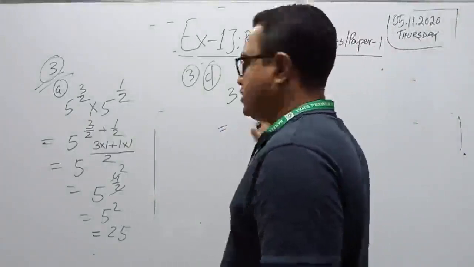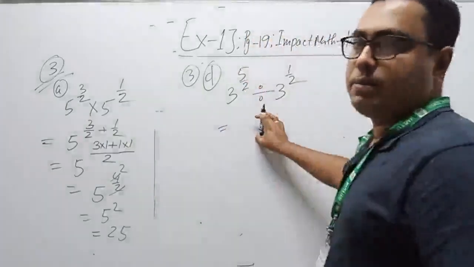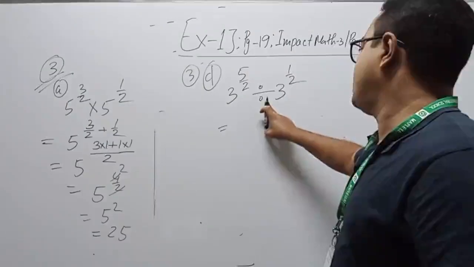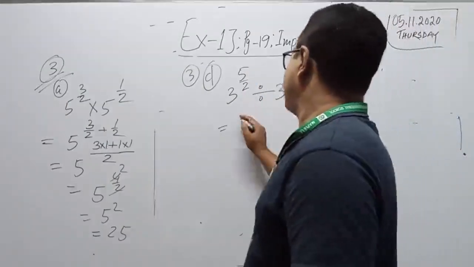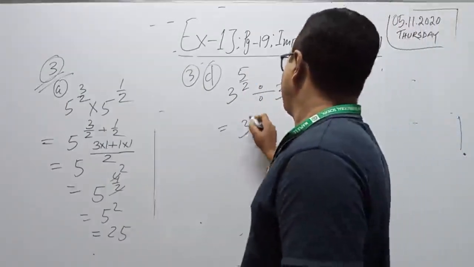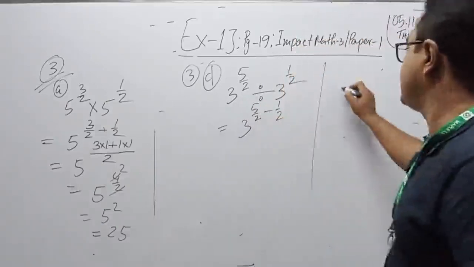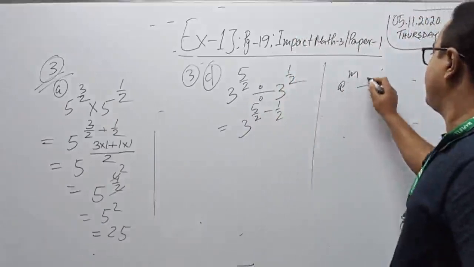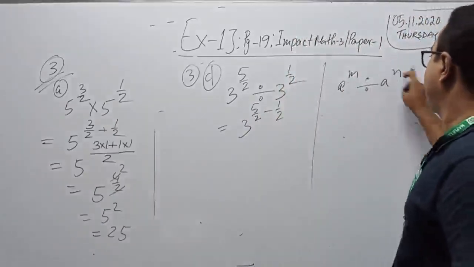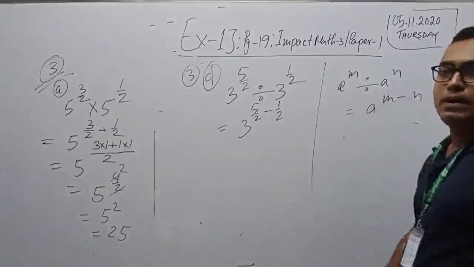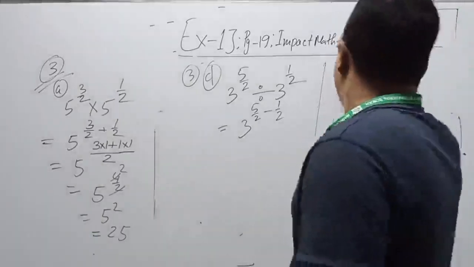If there is a division here, then the power of the division will be subtracted. 3 to the power of 5 by 2 minus 1 by 2. Our formula was a to the power m divided by a to the power n, then a to the power m minus n. It was our rule.